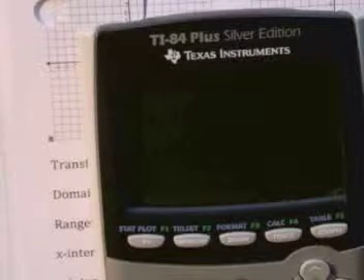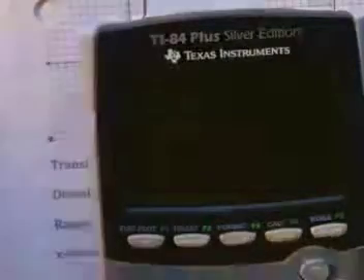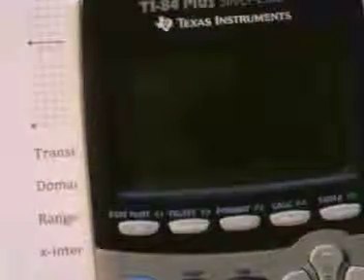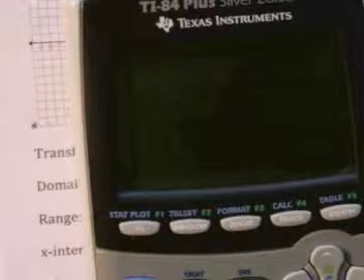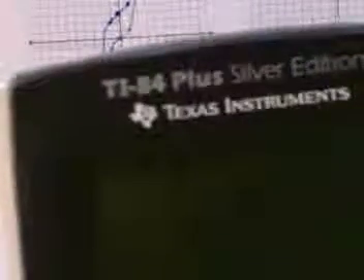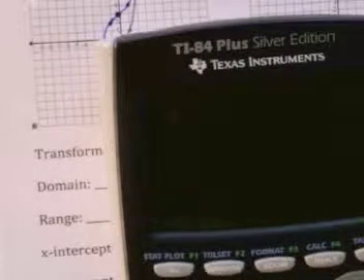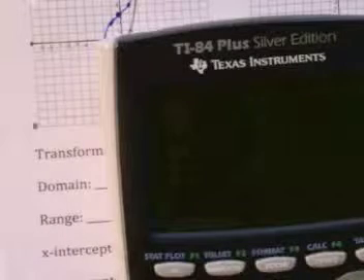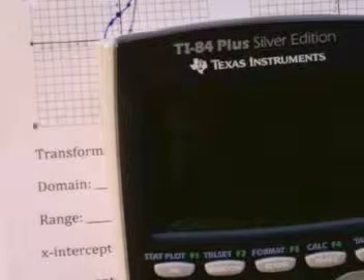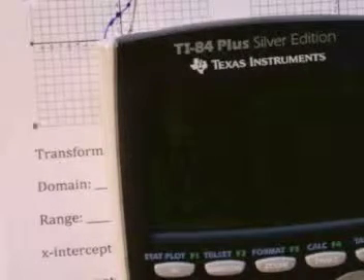What I would do with my calculator is take negative 3, noticing I'm using parentheses, and raise it to the 1/3 power.